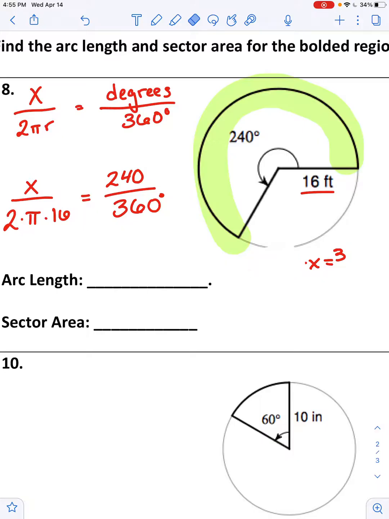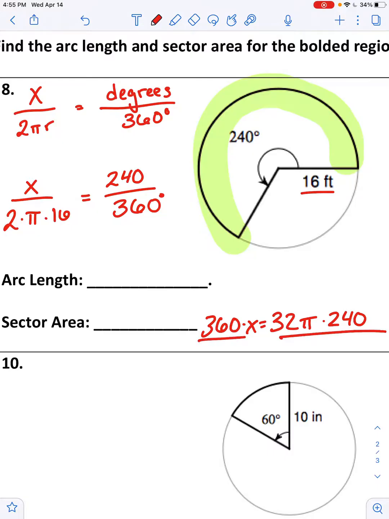Maybe I should move this over. So 360 times x equals 32 pi times 240. And my very last step, I could divide by 360 on both sides. That's going to reduce the 360 over here, so that gets rid of that.